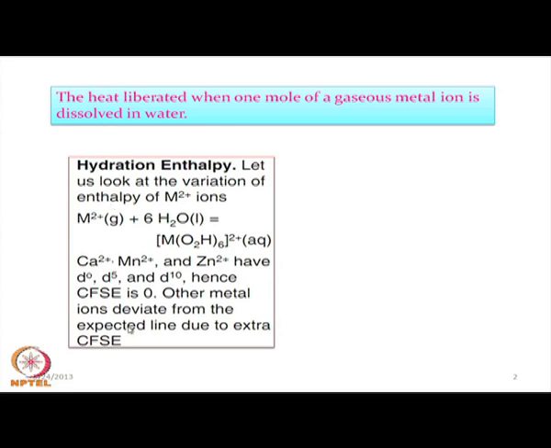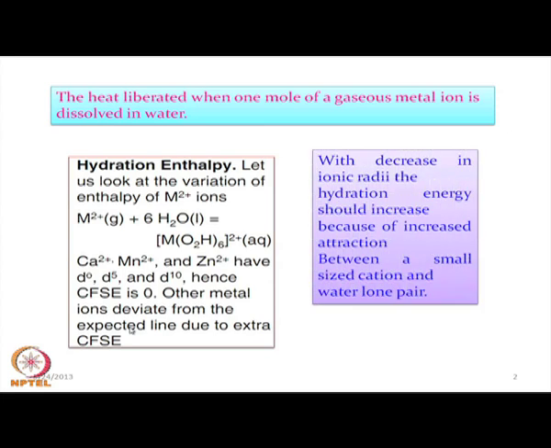So, what we see is that with the decrease in ionic radii, the hydration energy should increase, because of the increased attraction between a small sized cation and a water lone pair.